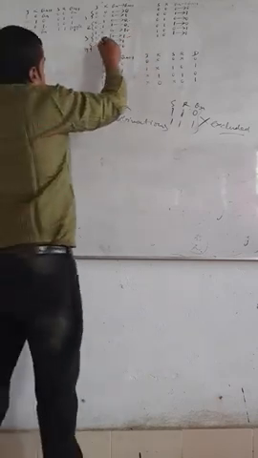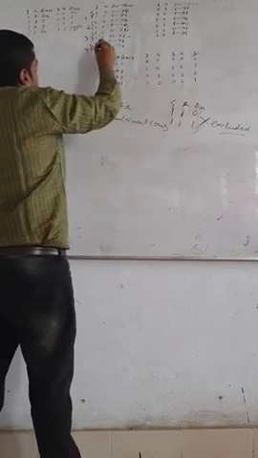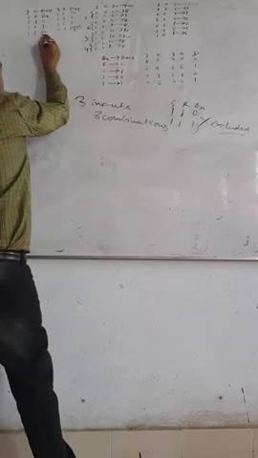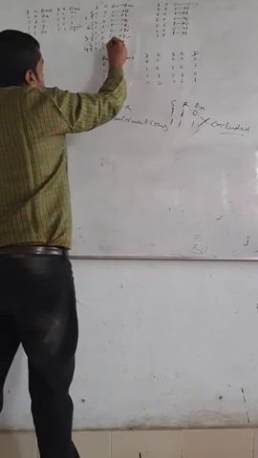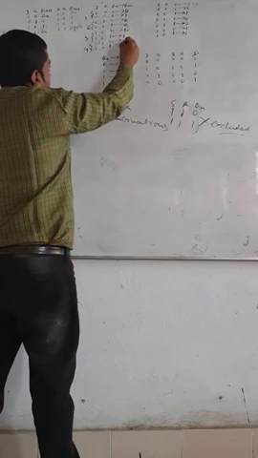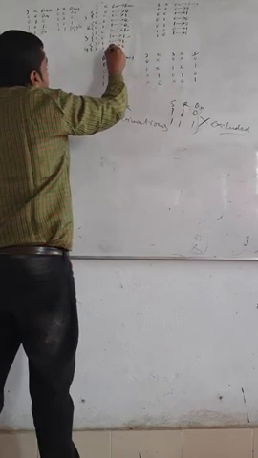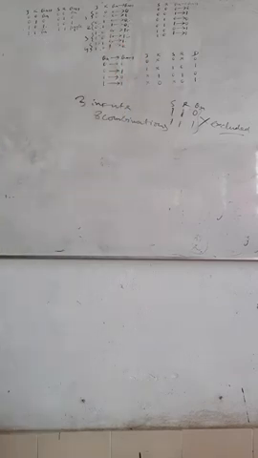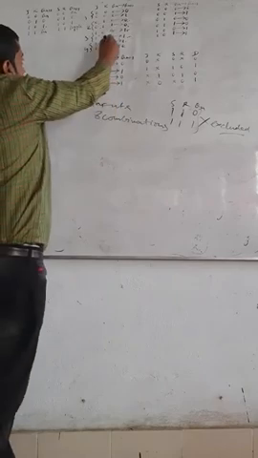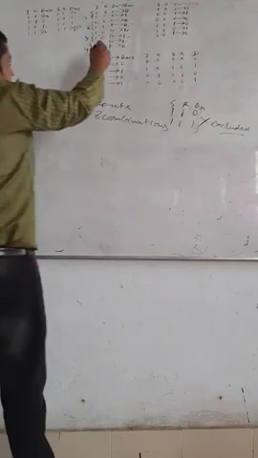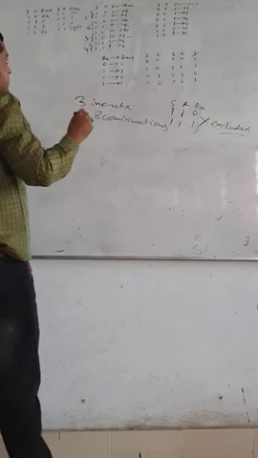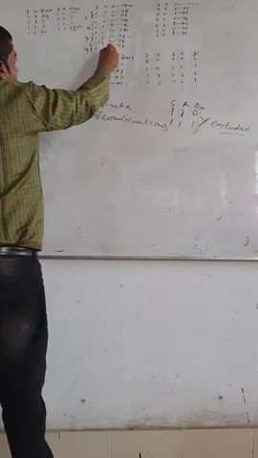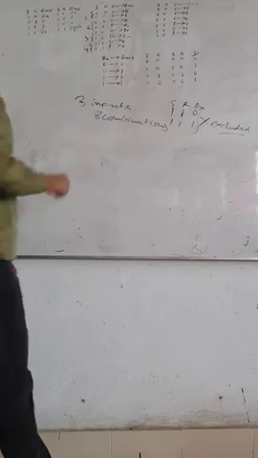And if input set is 1 1, if QN is 0, QN plus 1 becomes QN bar, which is 1. If QN is 1, QN plus 1 will be 0. It is the complement of 0 or 1.